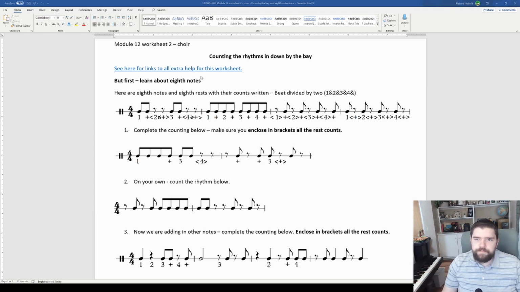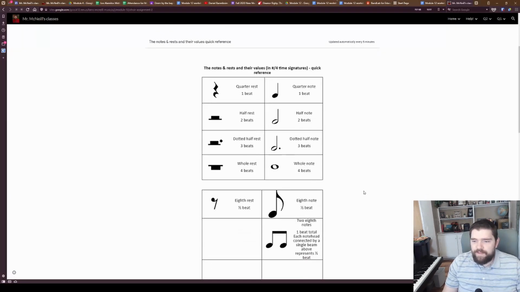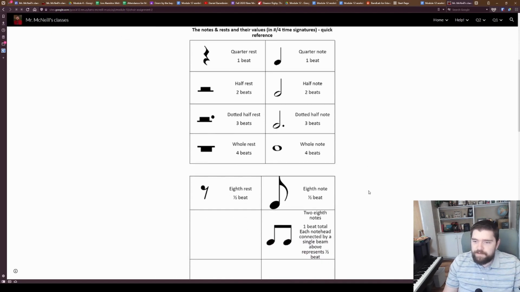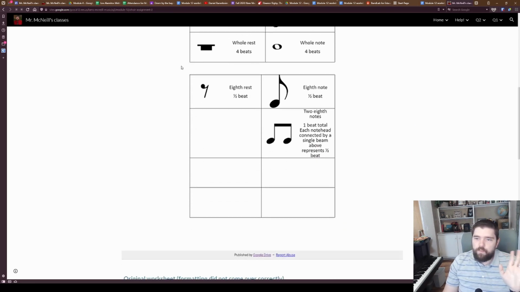All right, so on the website page that has all the extra resources, we have this right here that shows us how many beats our different types of notes and our different types of rests get. Okay, so today we're looking at the eighth note and the eighth rest. Each one of them gets half a beat.